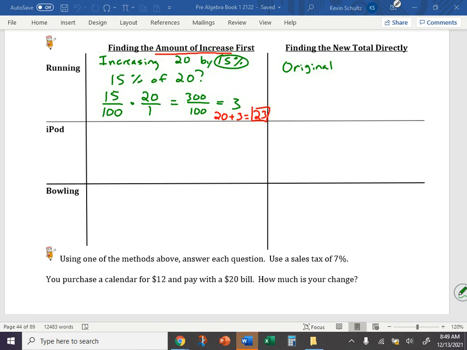What's our original amount here? 20. That's what we're starting with. I'm going to put a 20 right below that. And we multiply that by 100% plus the, well, we'll call it the percentage.